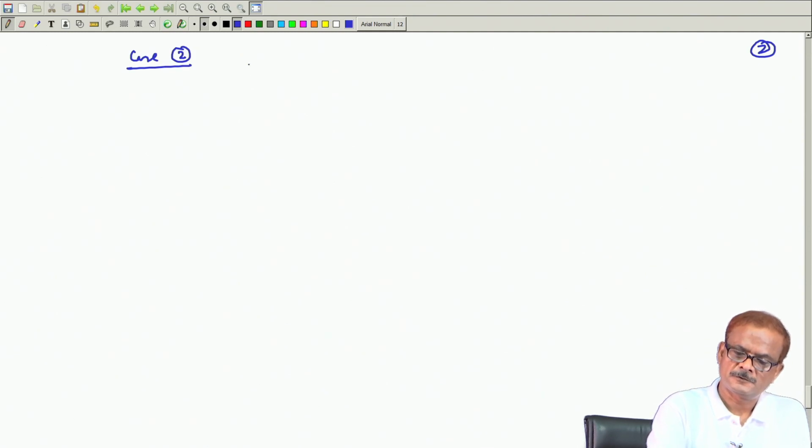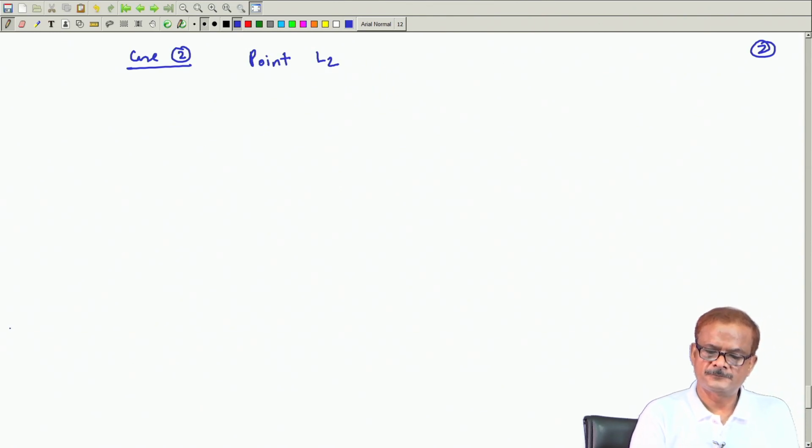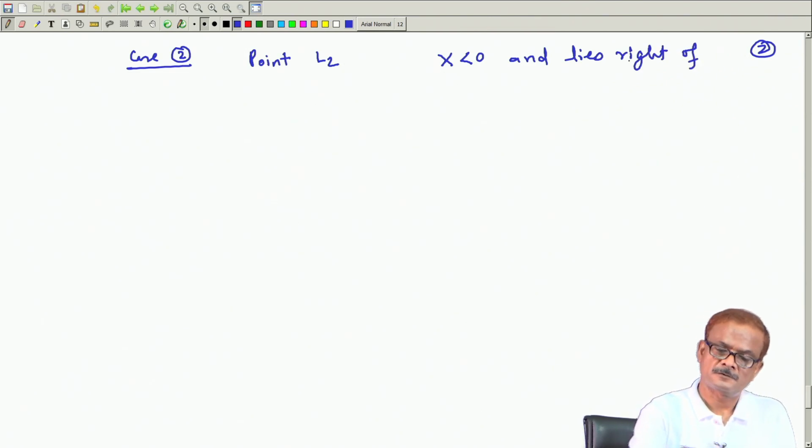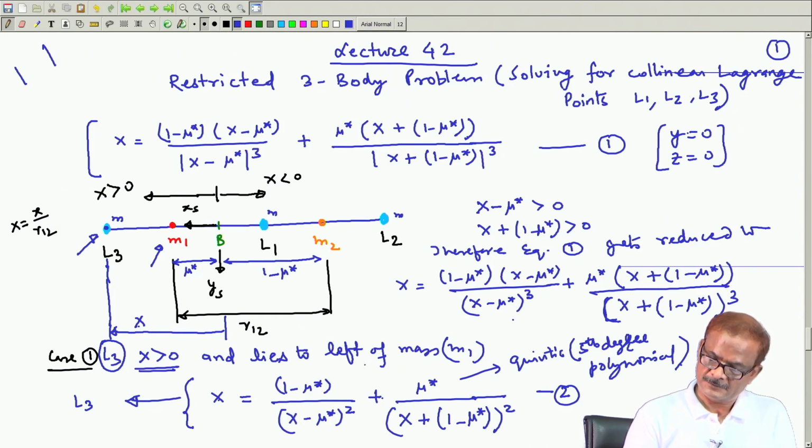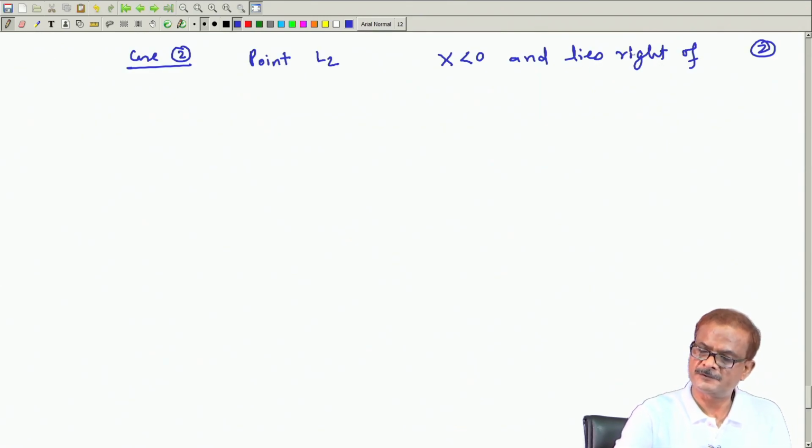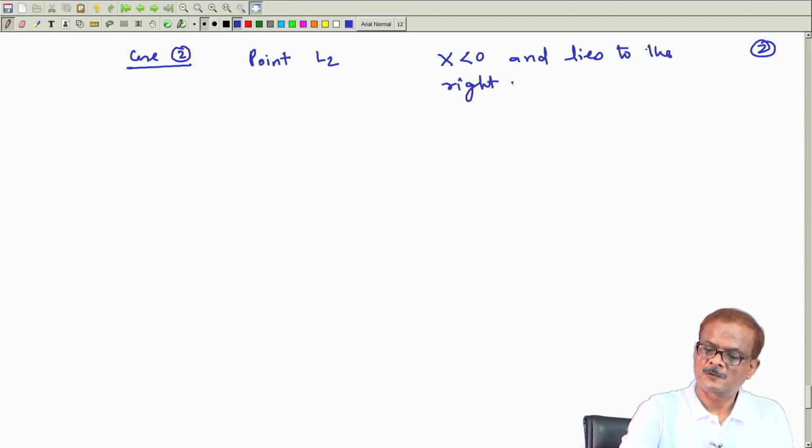Case 2. Point L 2, here in this case x is less than 0 and lies to the right of mass m 2.